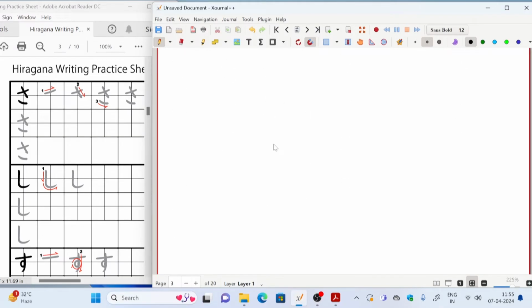Next is Sa. This is how we write Sa. Next is Shi. This is like a small hook in a curvature. So this is Shi. We need to understand the pronunciation here. This is Sa, but this is Shi and not Si.